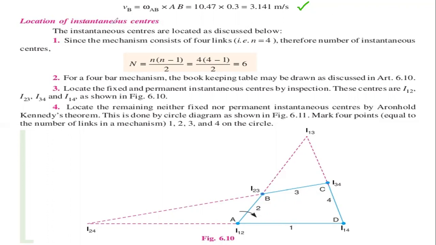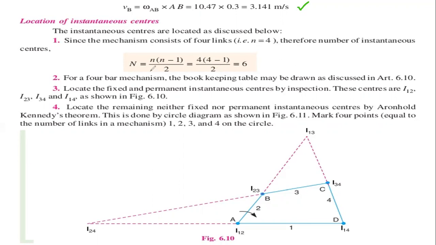Then we are going to find the location of instantaneous centers. The instantaneous centers are located as discussed below. The first point to be taken is, since the mechanism consists of four links, number of links is 4.